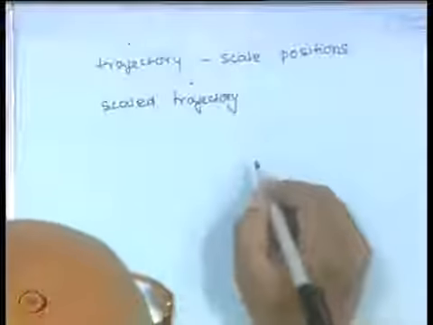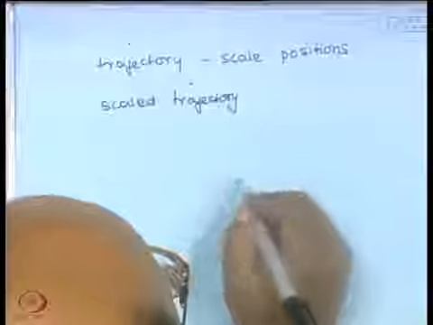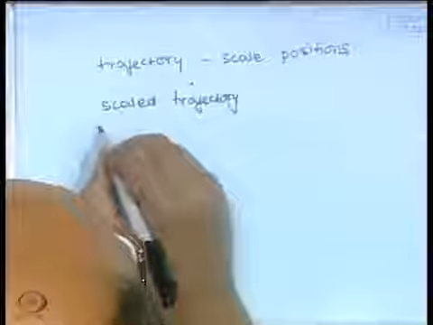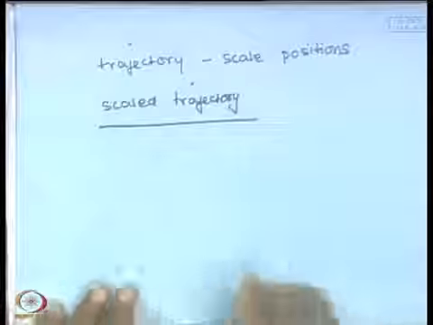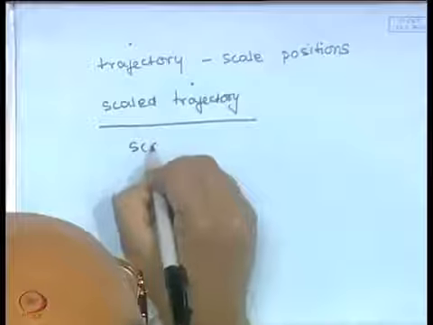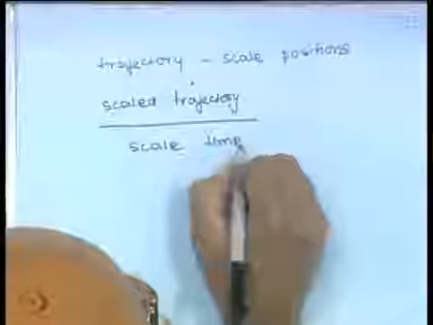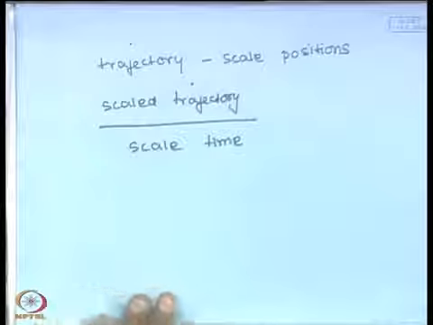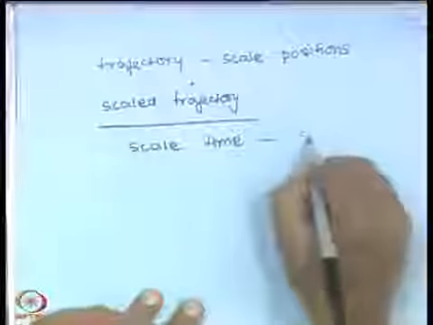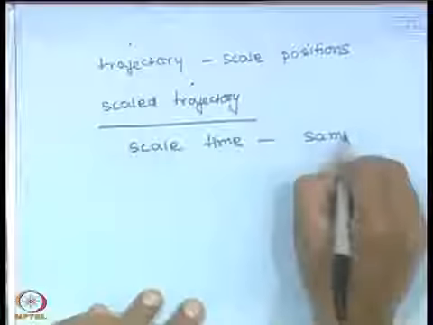If I scale the positions and scale the time in a different way, then I will get back the same equation of motion, same trajectory.